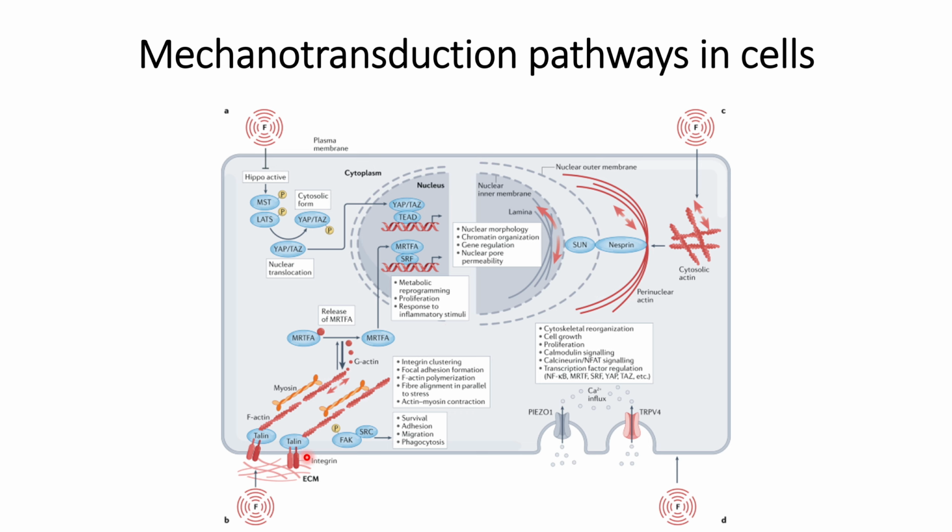In this case also, talin interaction with FAK and SRC will cause the activation of the FAK-SRC complex, and this will also upregulate the genes involved in survival, adhesion, migration, and phagocytosis. Because of the polymerization and depolymerization of actin, it helps in changing the morphology of the cells.